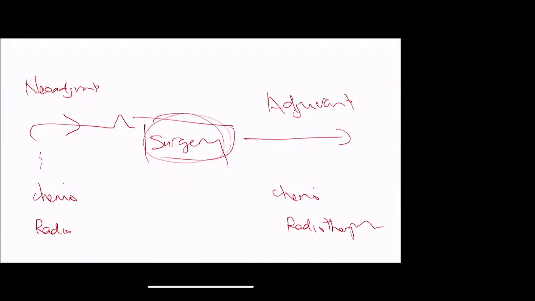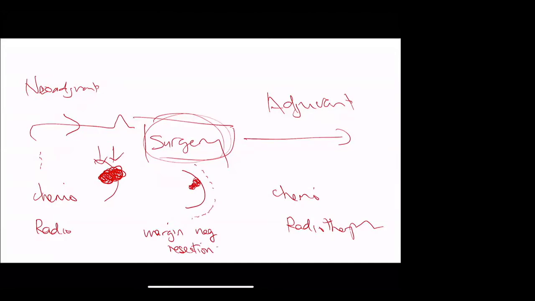Because sometimes the cancer is very, very big already. You want to throw something at it so that by the surgery, it becomes smaller. Then I can cut here to give you a margin negative resection. Understand?